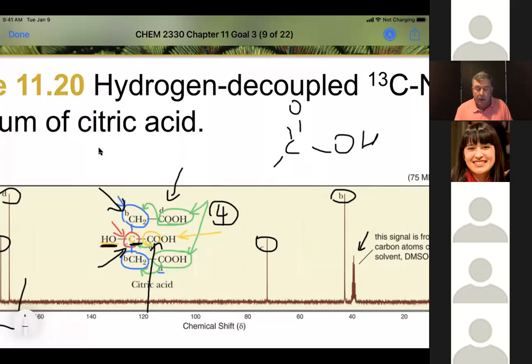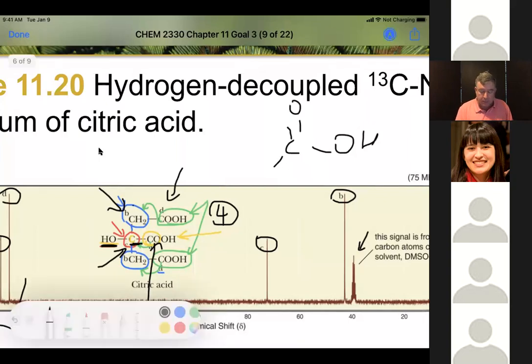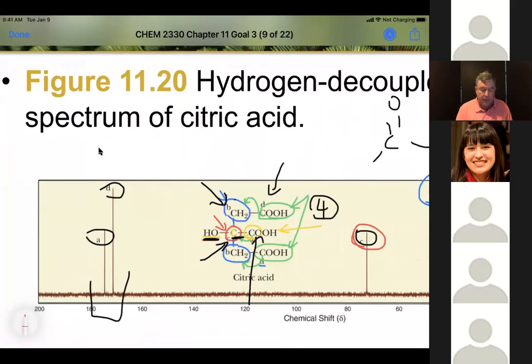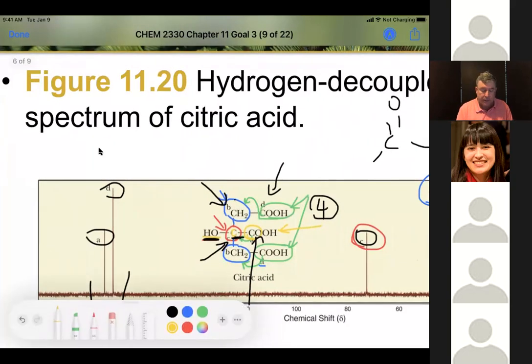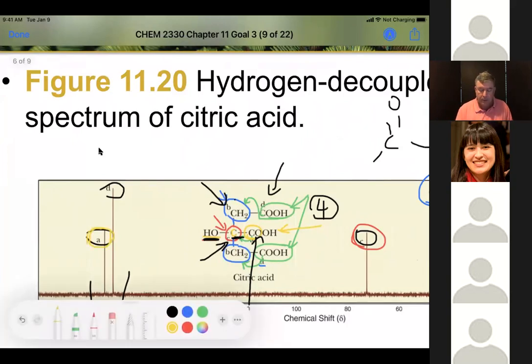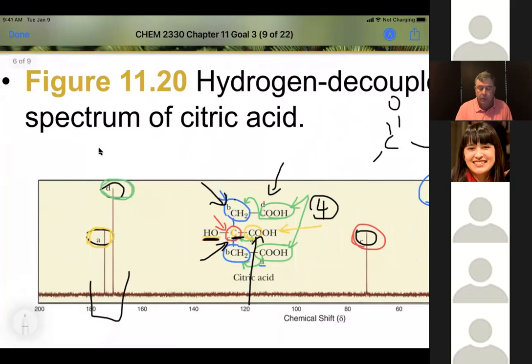Which means that our last peak is identified as the lowest down, the closest to zero. This is going to be our red peak here. And then these are going to be our two other peaks. Turns out this one right here is our higher one, and this one right here is our lower one.